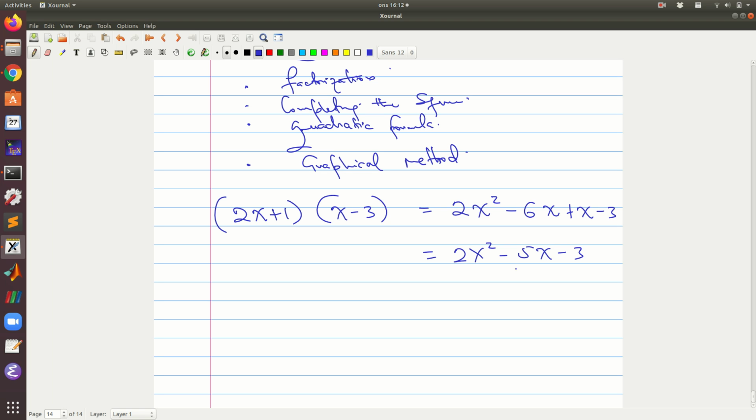But now the reverse process of moving from this expression here, 2x squared minus 5x minus 3, to this form here is what we call factorization.